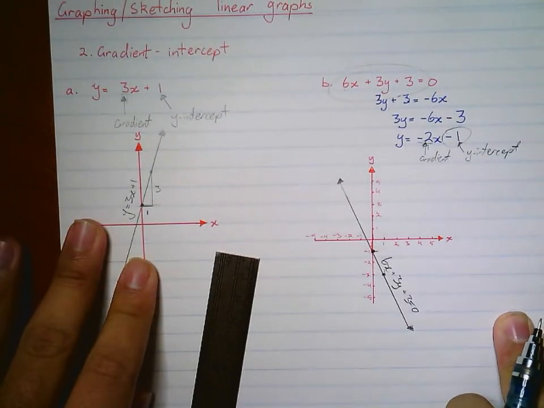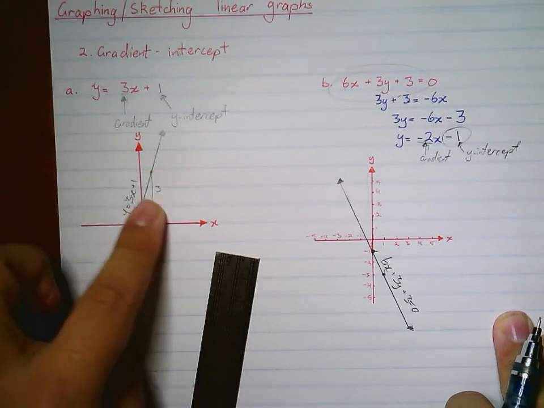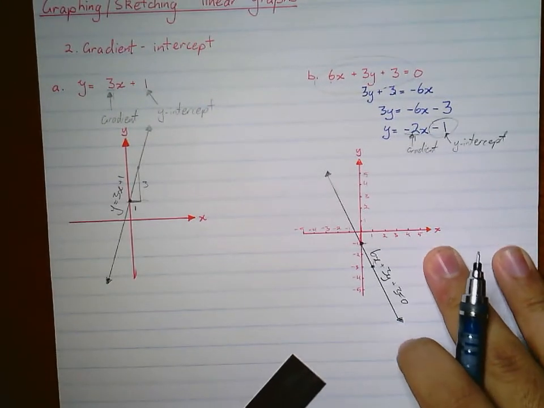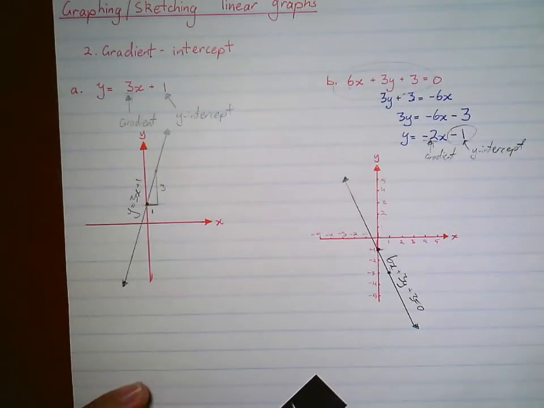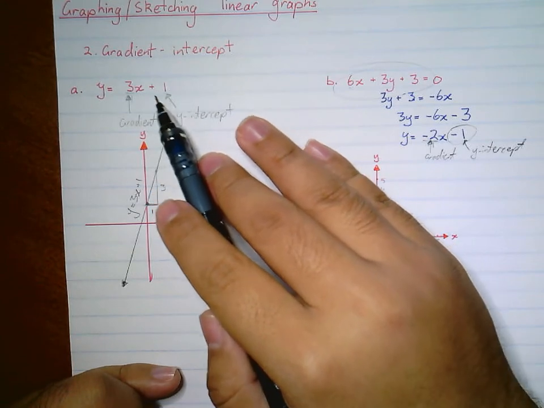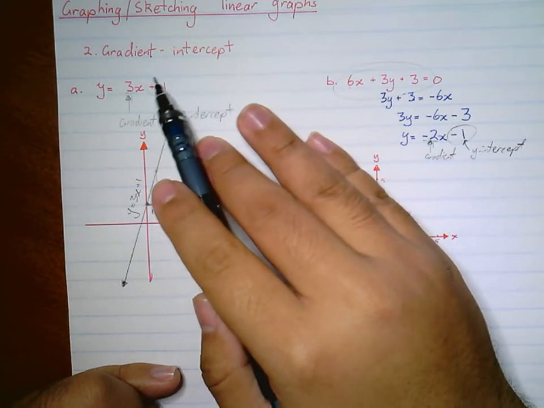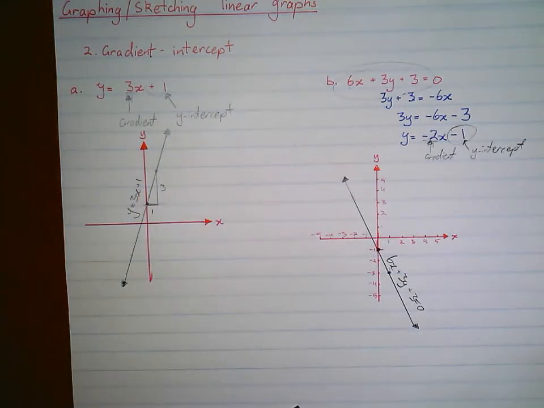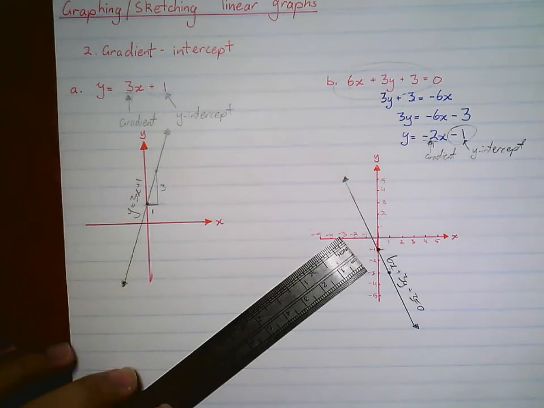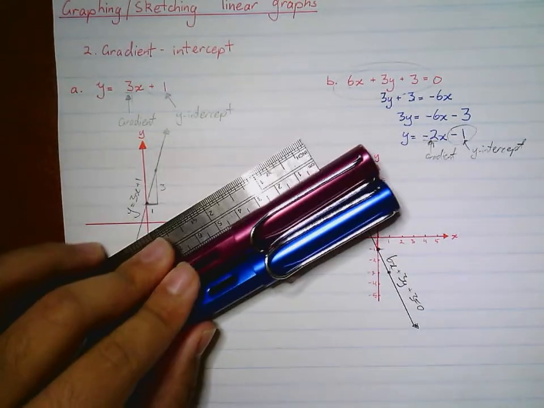So this is a sketch, just quickly doing a rough, whereas this is a graph. And we do this once again by starting with our intercept, and we use our gradient. Okay, so I hope that helped, and best of luck.